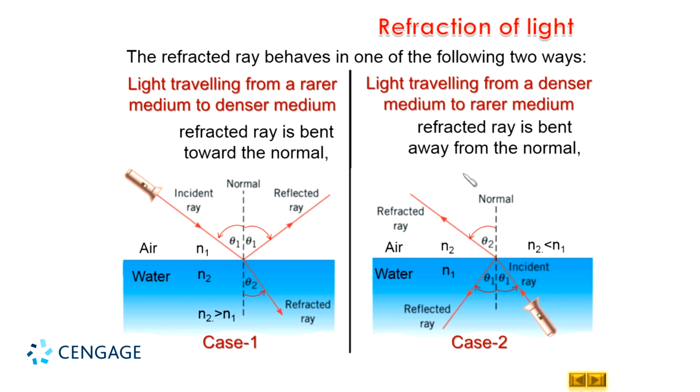Now you can observe these two possibilities about the incident ray and refracted ray. And one thing to be noted, the incident ray and refracted ray always obey the principle of reversibility. What is the principle of reversibility? Suppose light is traveling from this point to this point.